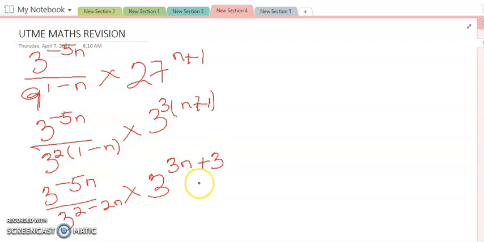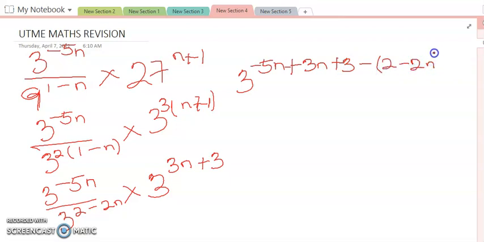Now, if you obey the laws of indices, the law says if we are dividing, we subtract the power, and if we are multiplying, we add up the power. So we can say 3 raised to power minus 5n plus 3n plus 3, then minus, open a bracket, 2 minus 2n.